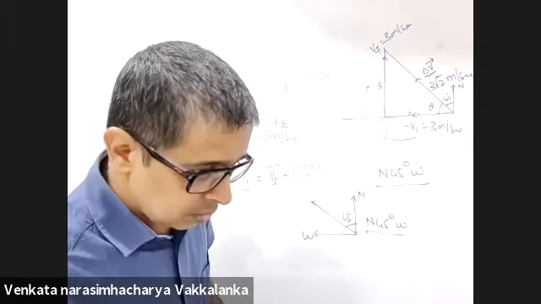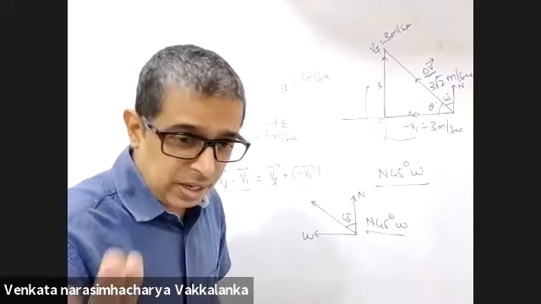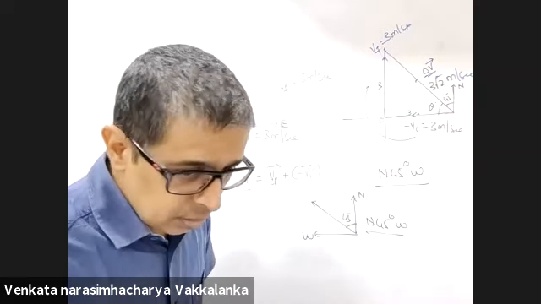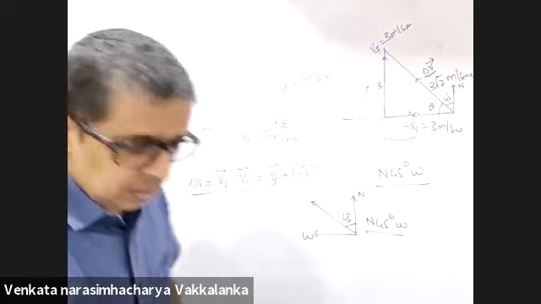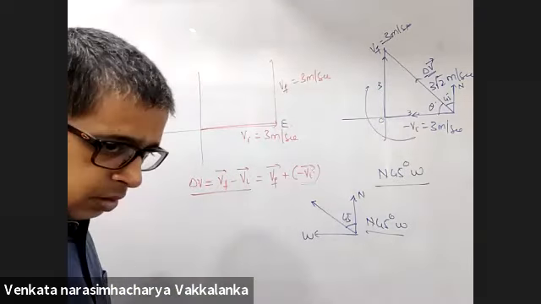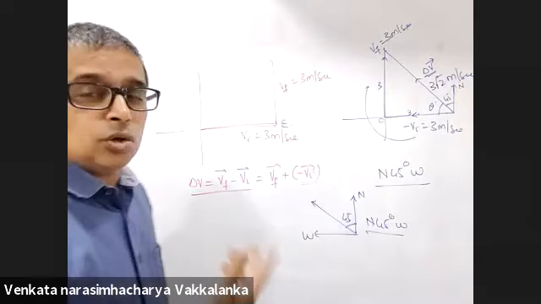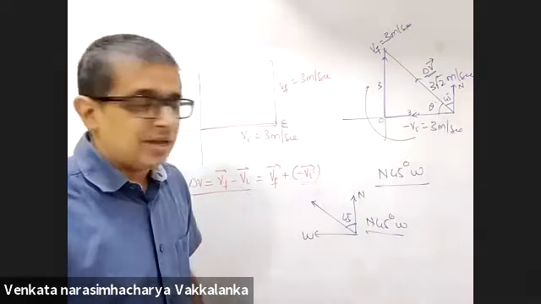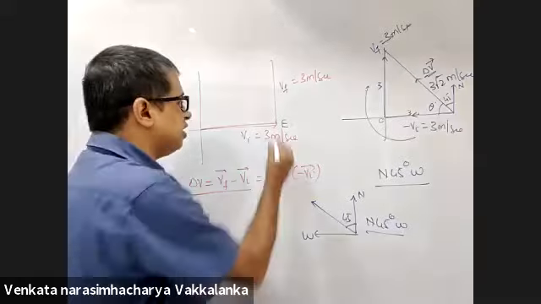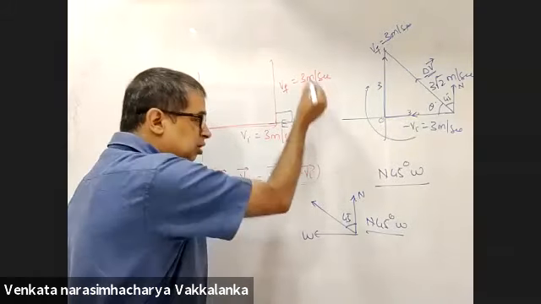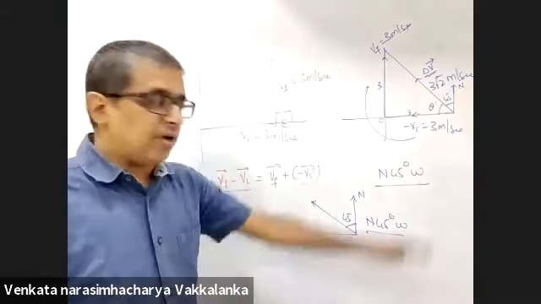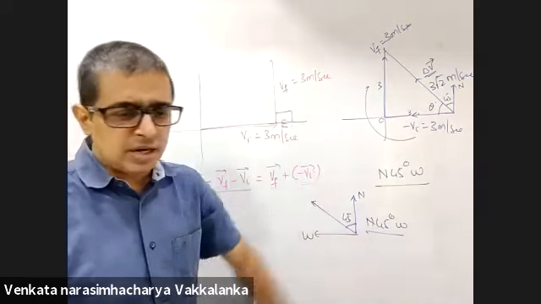Whenever we are given a situation like this, where he turns north, we need to take the angle theta as 90 only. The angle between east and north is 90 degrees. If not, he will tell you the angle by which it turned.